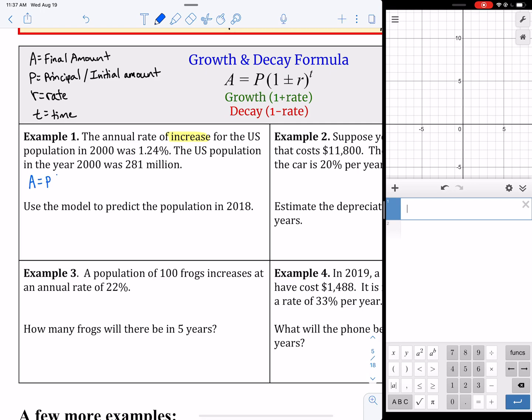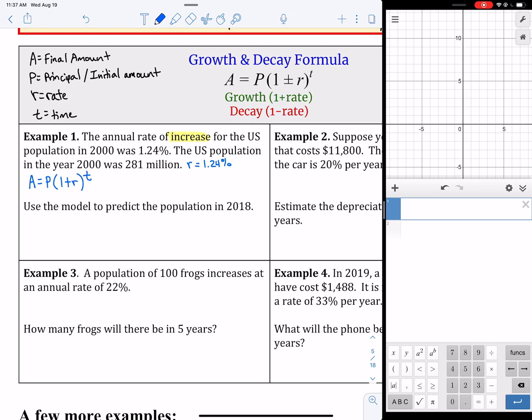All right, and so let's write down the right formula. So A equals P, it's growth. So let's do 1 plus R to the T power to get set up properly. And it says 1.24% was our rate of increase. And so for rate, you always want to change it from a percentage into a decimal.